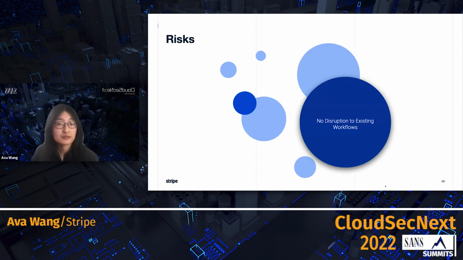So there's quite a few risks in deploying SCPs. Our ultimate goal is to have no disruption at all to existing workflows, as we know that if we deny a service that's still being used, all AWS API calls to that service will be denied with access forbidden.